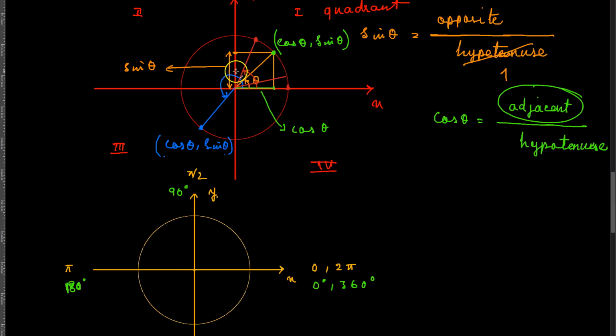And then you could just keep going, you would get a 180-degree angle, and you would get a 270-degree and 360-degree angle.